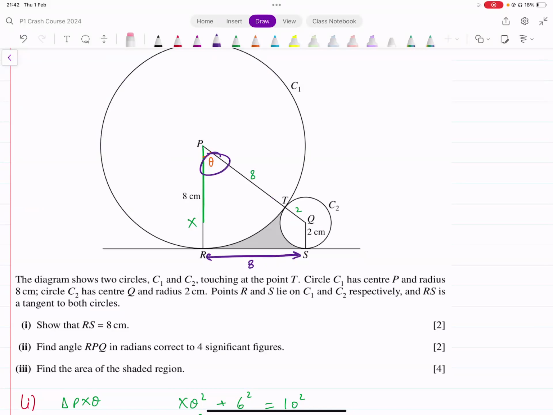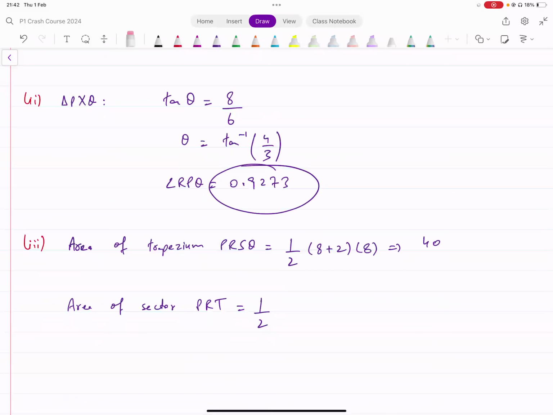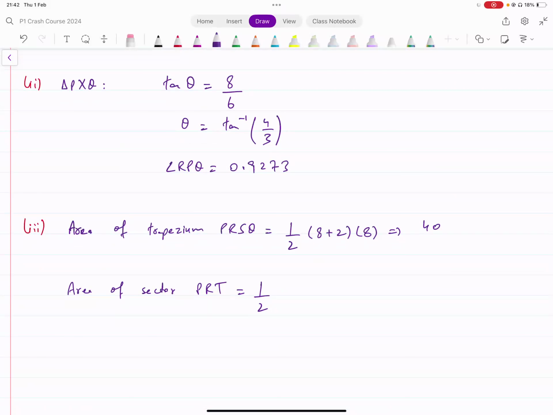Angle is theta, which we have found in the previous part. That was 0.9273. So all you have to do is half into 8 squared into theta. That's 0.9273. What do we get from this?